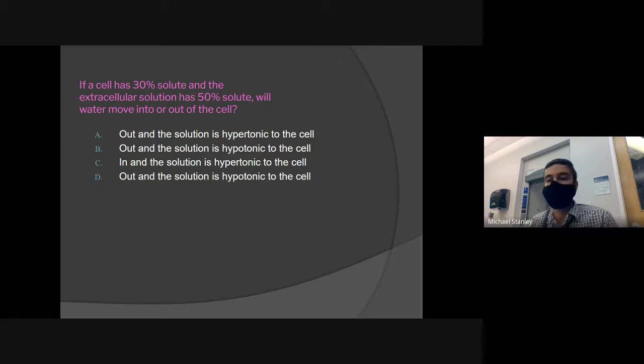Anybody else? Any other thoughts or input, what you think is going to happen. If you have a 30% solute cell, put in a 50% solute solution. Is the water going to go in or out of the cell?